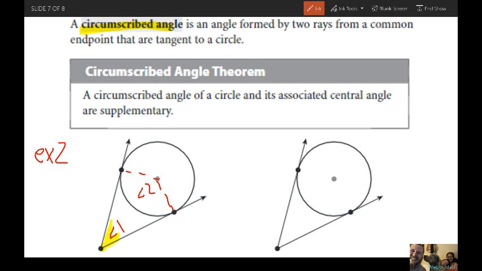And that's by the circumscribed angle theorem. So again, supplementary angles add up to 180. And that's always. So I'll tell you what, for example 3, let's apply this logic.